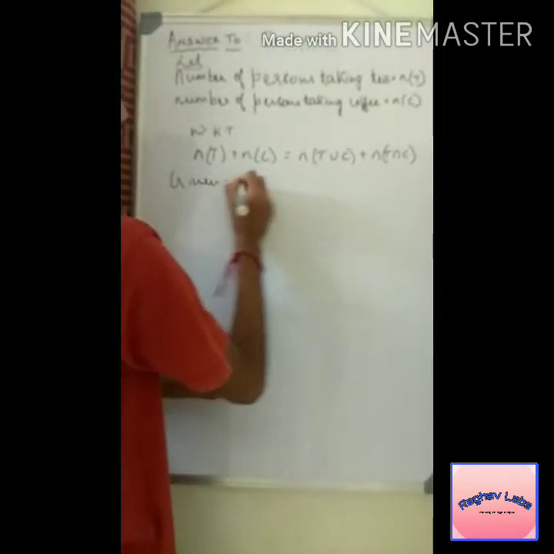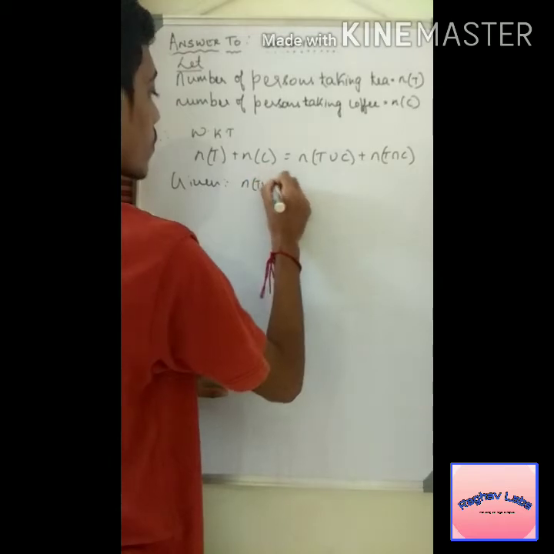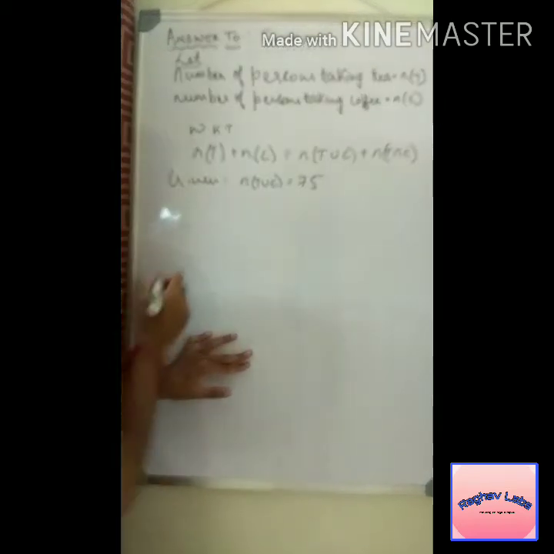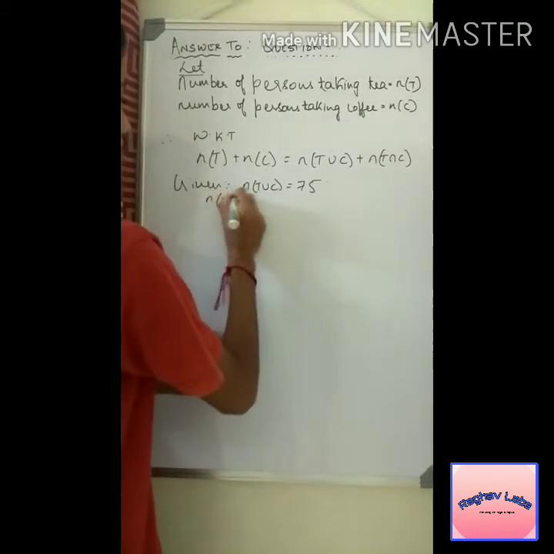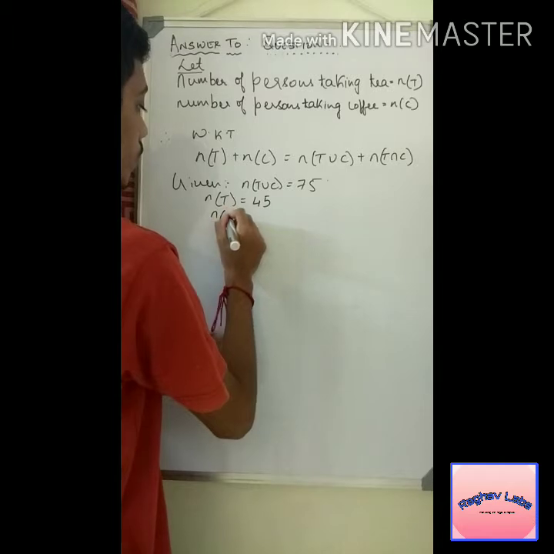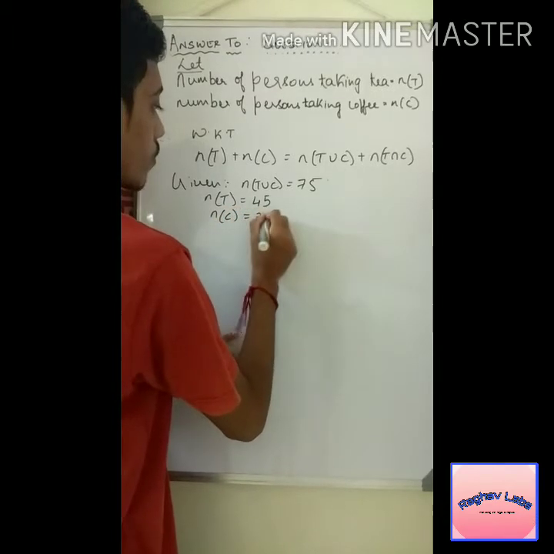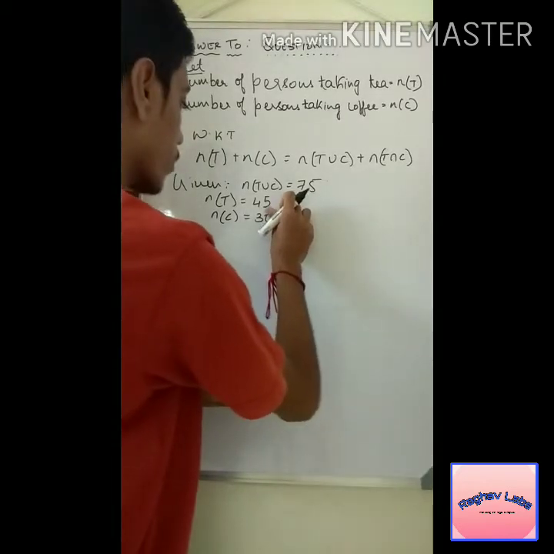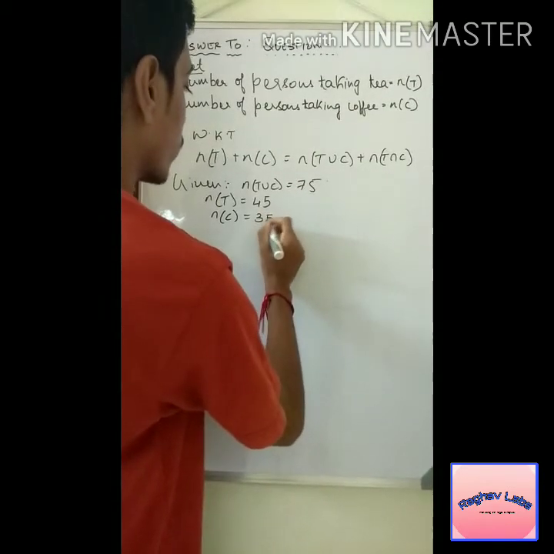And we are given that n of T union C is equal to 75, and n of T is equal to 45 and n of C is equal to 35.